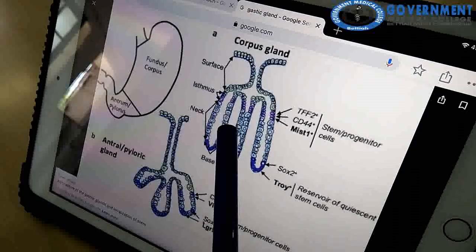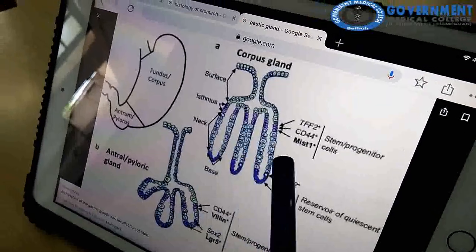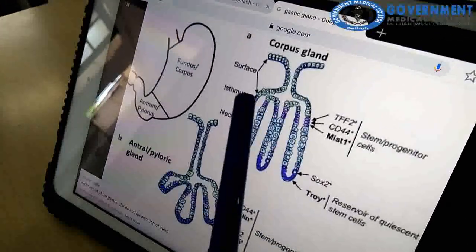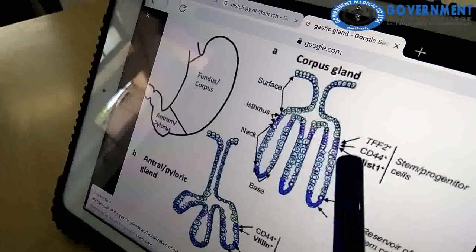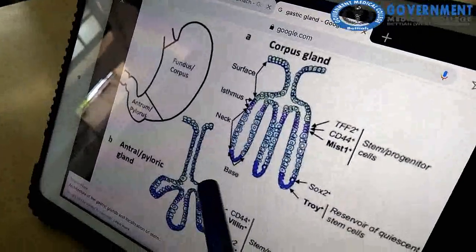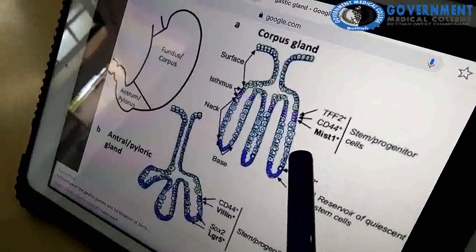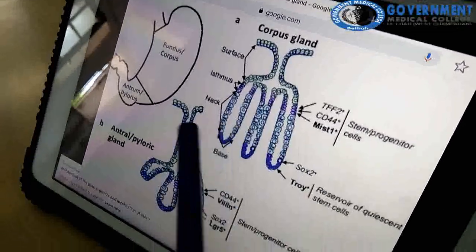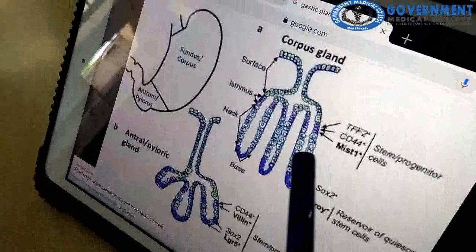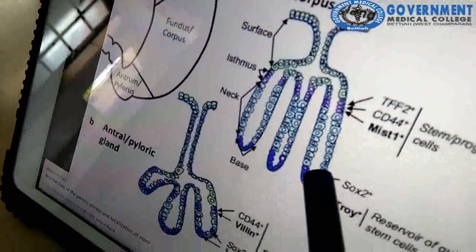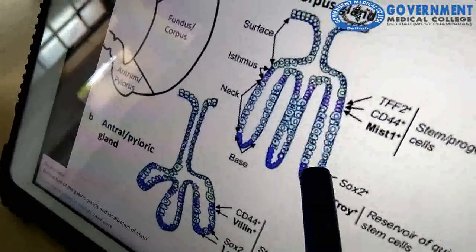This is not an original slide, but this is a diagram. So there may be some mistakes by the diagram makers. About the lower half has peptic cells.